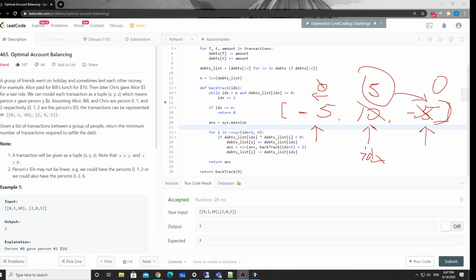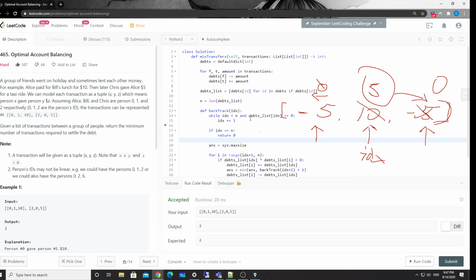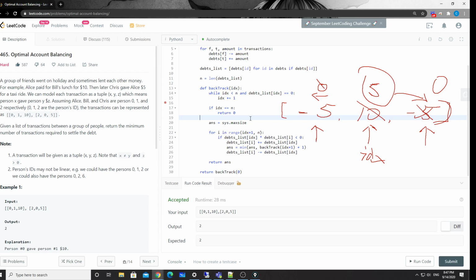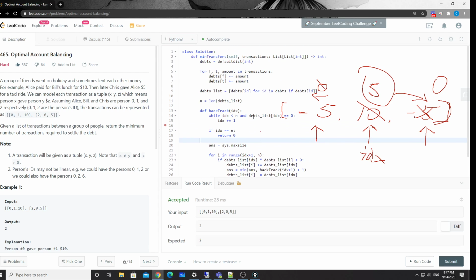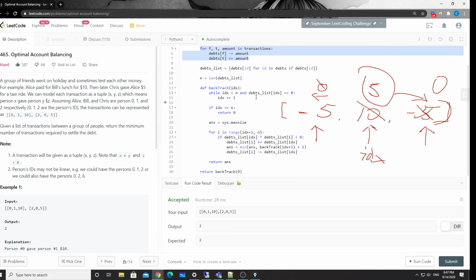Oh, how about the time complexity? The time complexity, this is n, right? For the backtracking, from the first one we are looping through everything to the end.